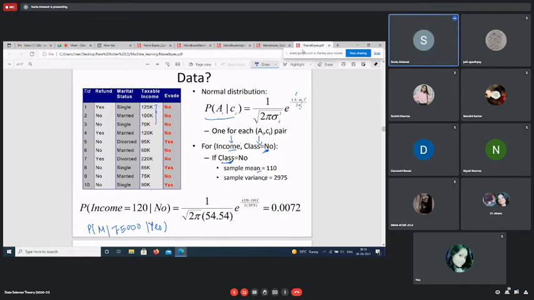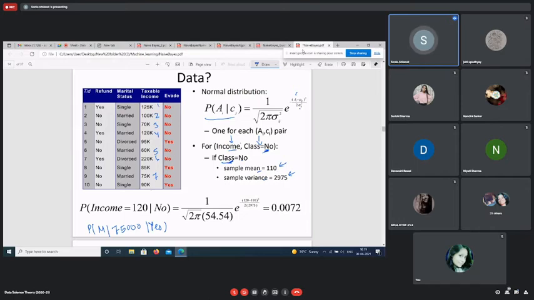So it will be like, I have all the values of 1, 2, 3, 4, 5, 6, 7. Now I have to take this data set out of it. So now after this, we'll calculate the mean of these 7 values. We'll calculate the variance of these 7 values and we get the mean and variance for class no.